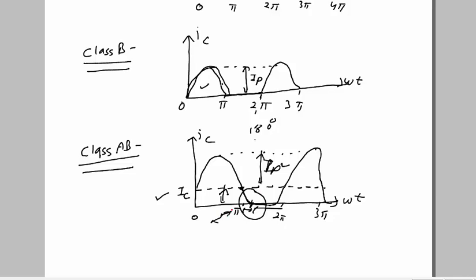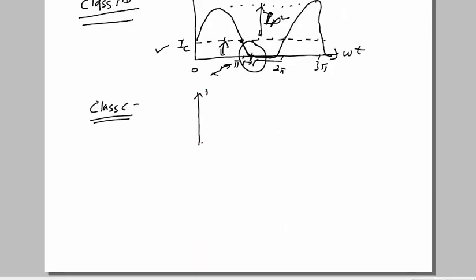Now class C. Here it is made not to work for the complete half cycle, lower than 180.